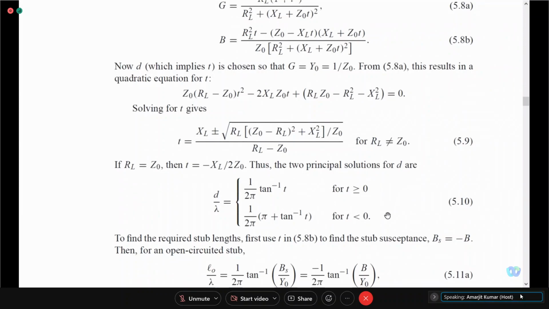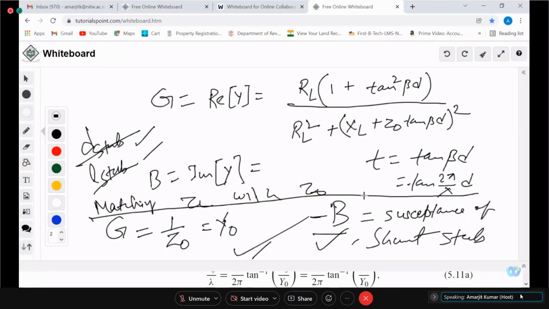Since you are interested in d, d will be equal to 1 upon 2 pi tan inverse T, if T is greater than or equal to 0.